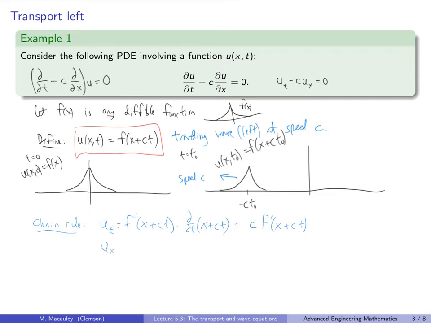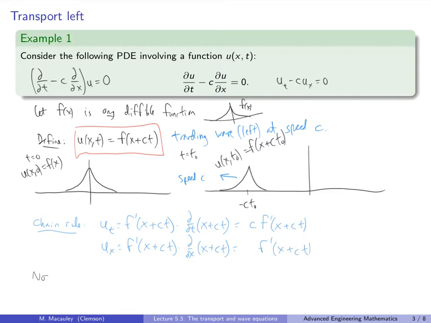Similarly, u_x, the x partial, is f prime of x plus ct times d/dx of x plus ct, which is just, now this obviously is 1, and so this is simply f prime of x plus ct.